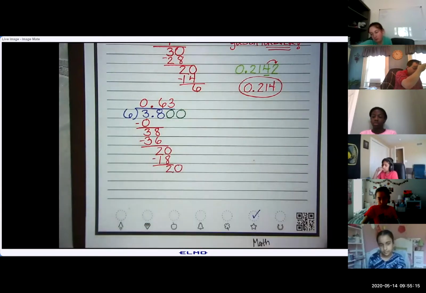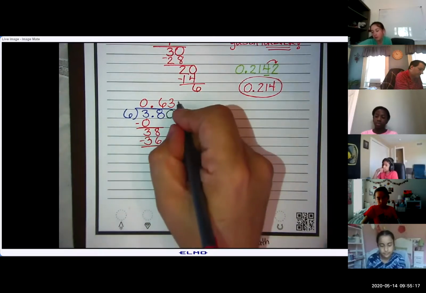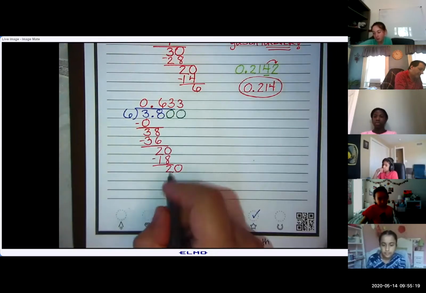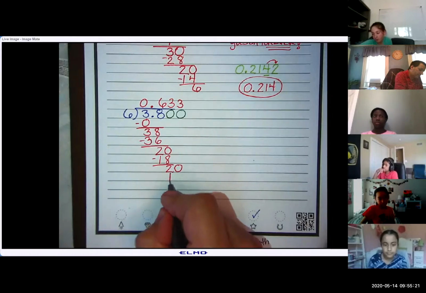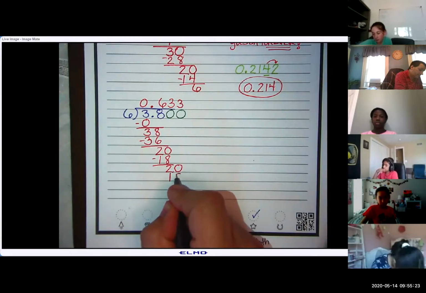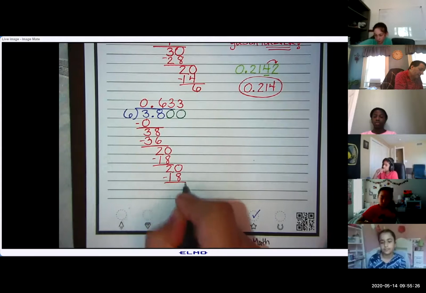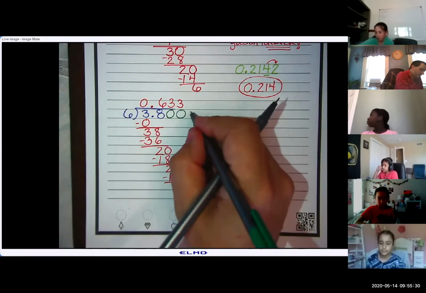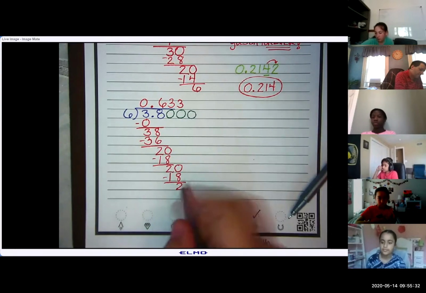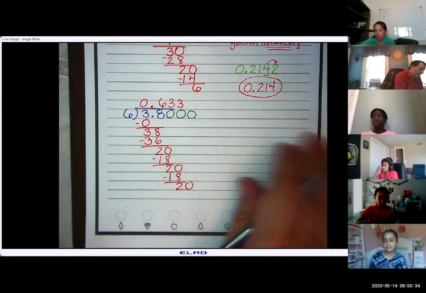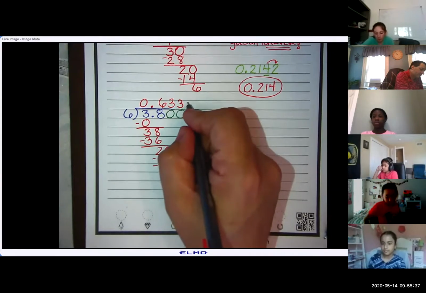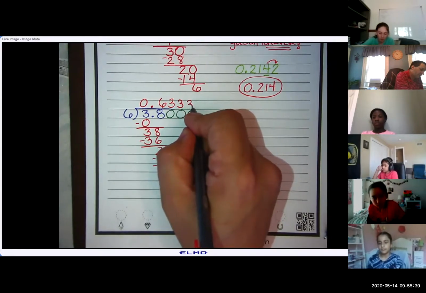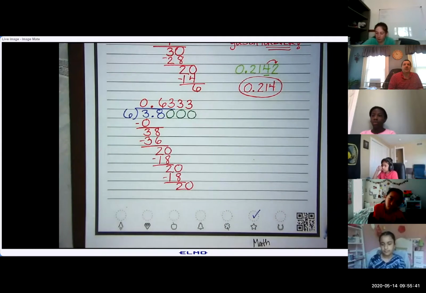20 divided by 6 is 3. 3 times 6 is 18. 18 from 20 is 2. 20 divided by 6 is 3. I've got my 4th decimal place, so I stop. I could keep going, but I don't need to.